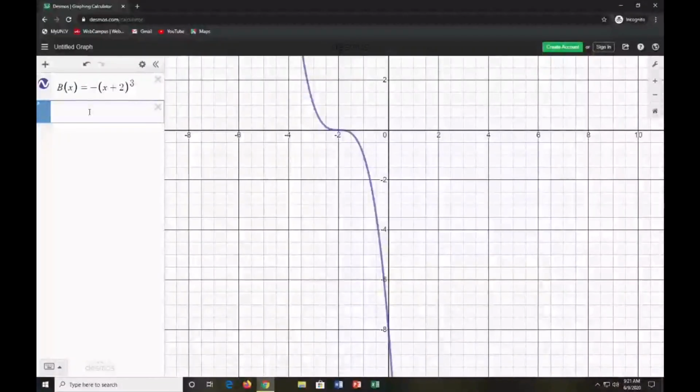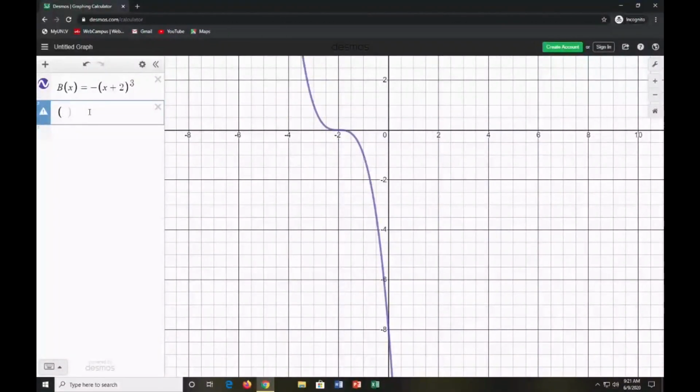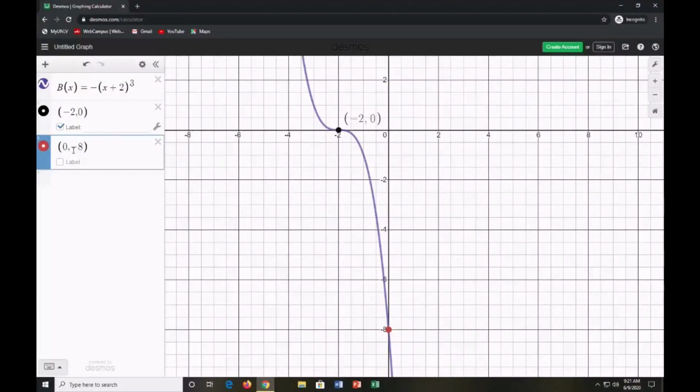So let's snap to each intercept. I'm going to snap to the x-intercept first. So that'll be at minus 2 comma 0. Let's label it. That's that point. And the y-intercept is at 0 comma negative 8, like that.